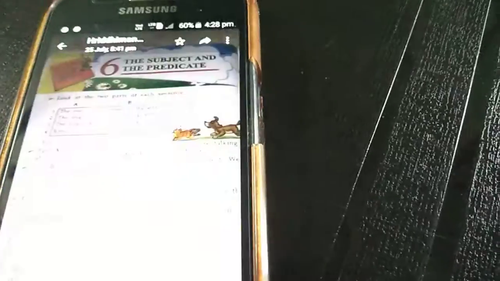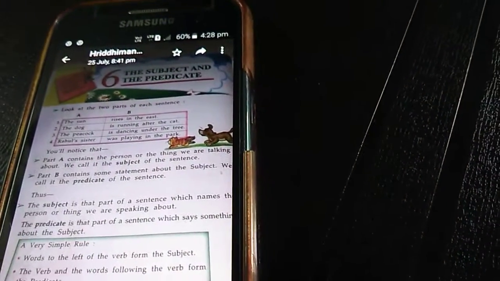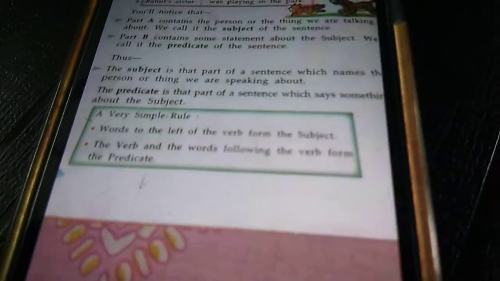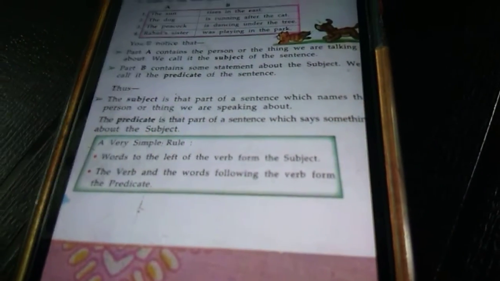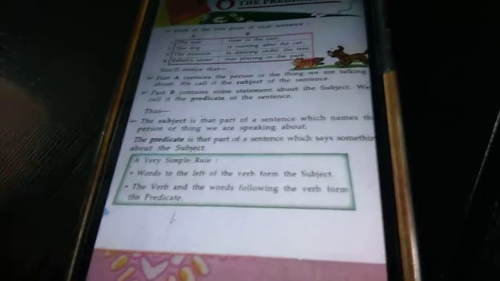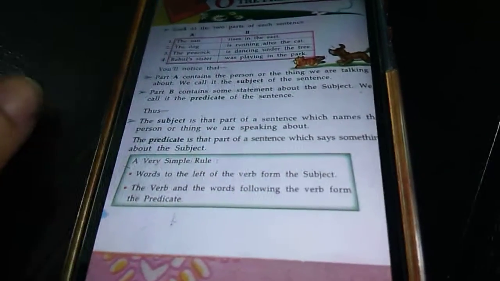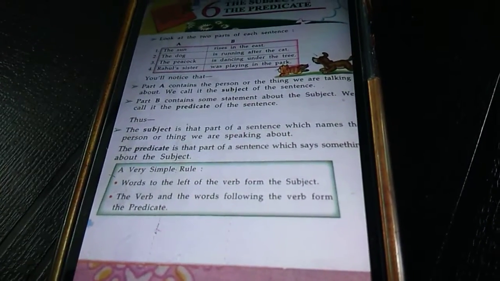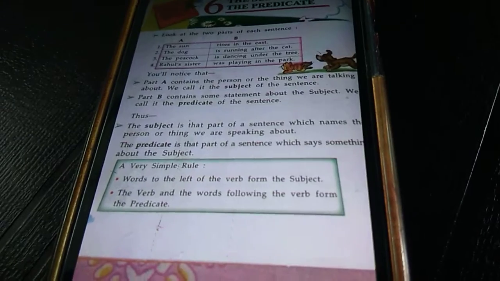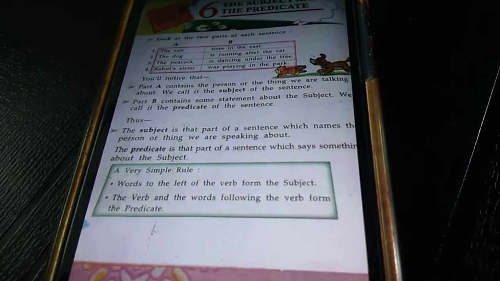Now see, a very simple rule to know the subject. The word to the left of the verb is the subject, and the verb and the words following the verb form the predicate.